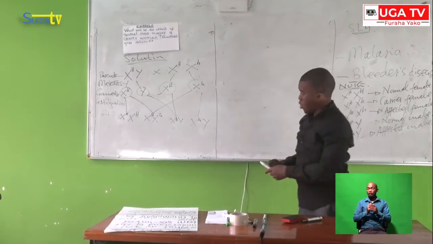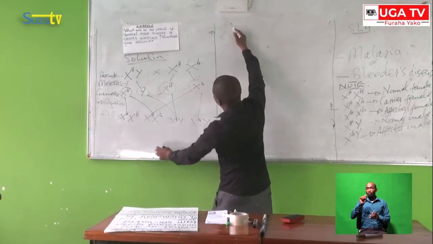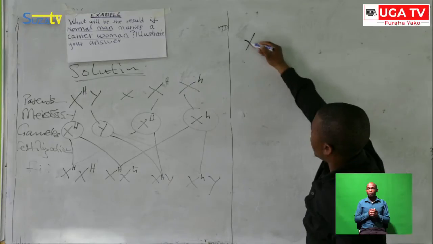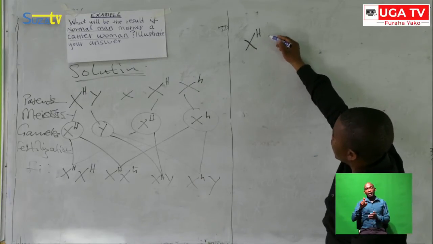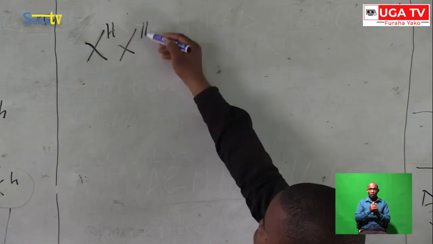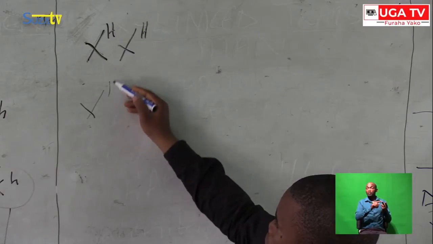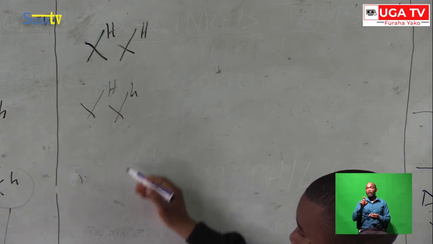Okay. The first daughter is X with the dominant gene and X with the dominant gene. And the second one is X with the dominant gene and X with the recessive gene.